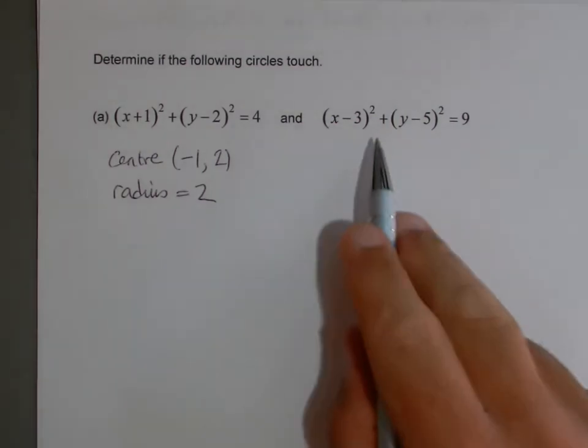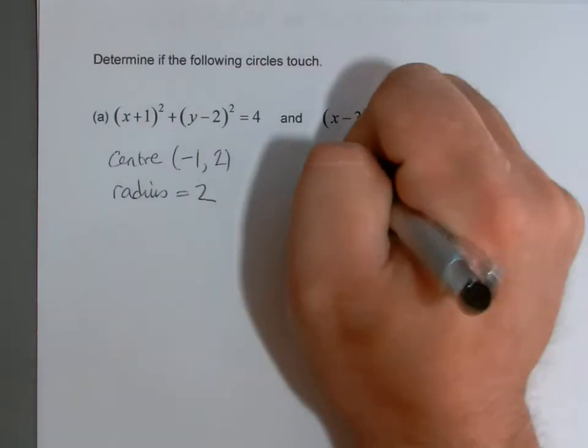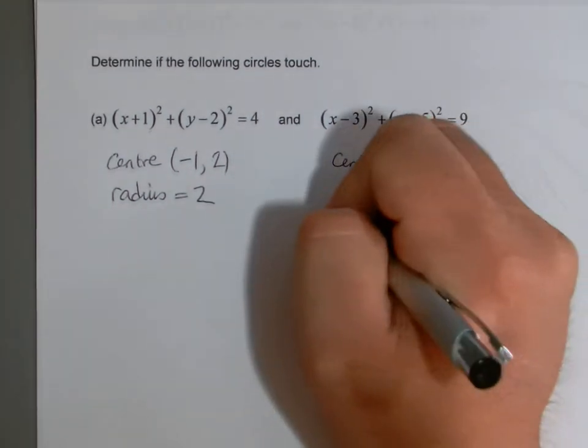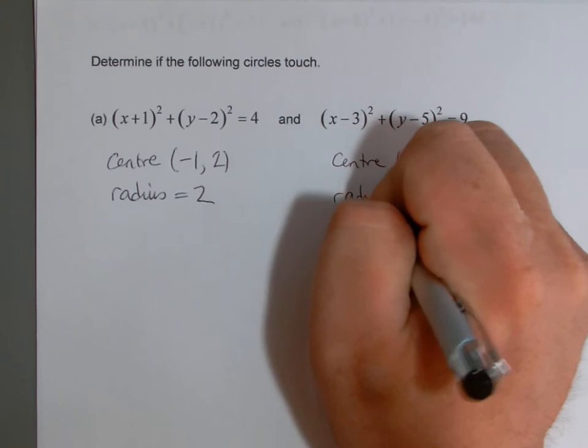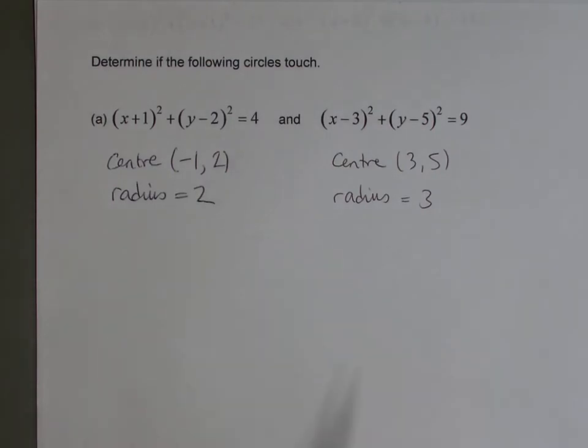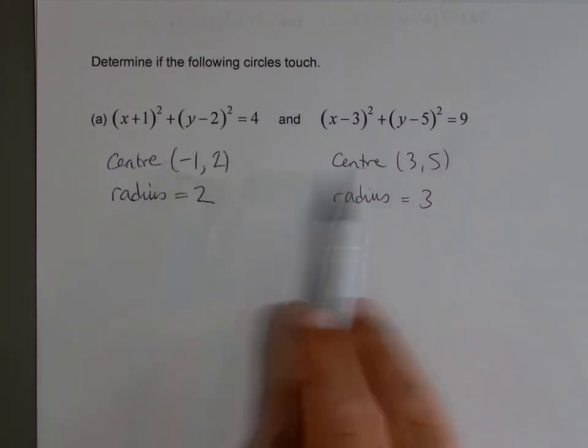So with the second circle, the center will be 3, 5, and the radius will be the square root of that, which is 9, square root of that, which is 3. So what I'm going to do then is work out the distance from the two centers.